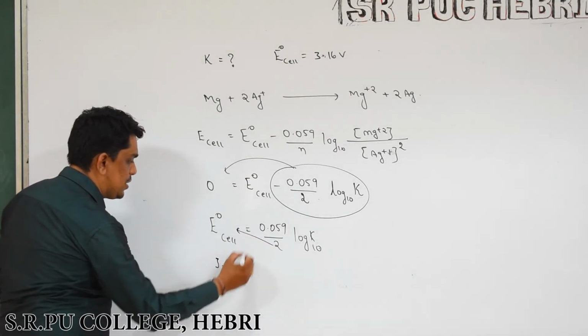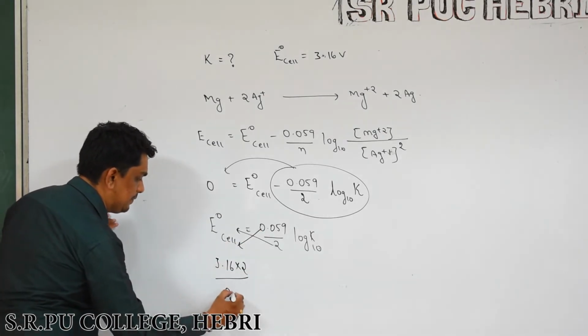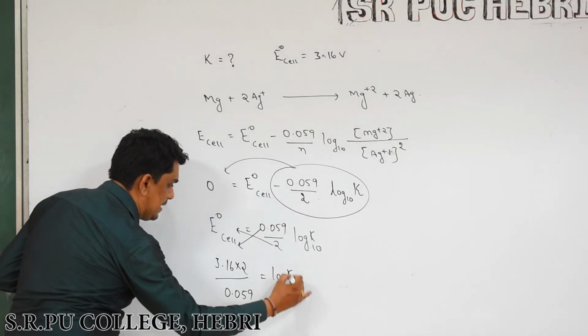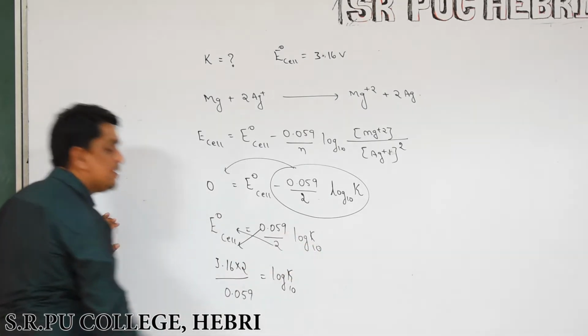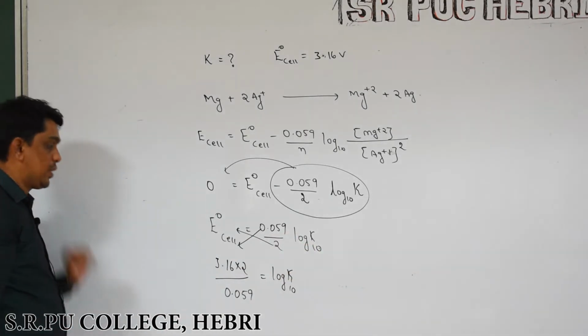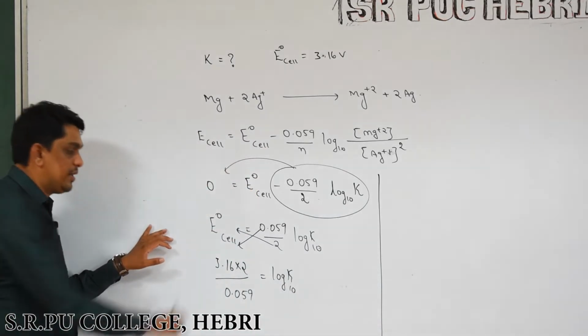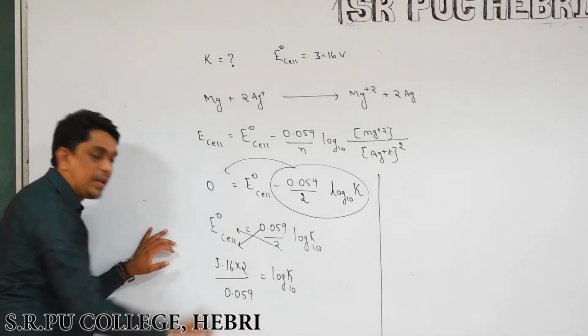It will come to the numerator, and 0.059 will go to the denominator, that is equal to log K to the base 10. I want to calculate K, right? So let me isolate it on one side. Let me write the next step over here. So let me simplify this. The answer is equal to log K to the base 10.